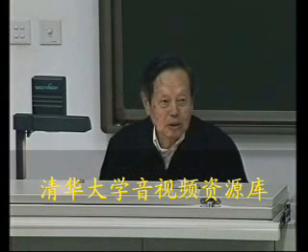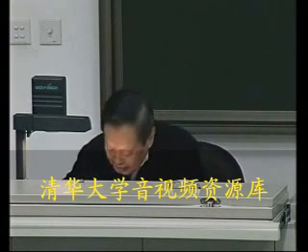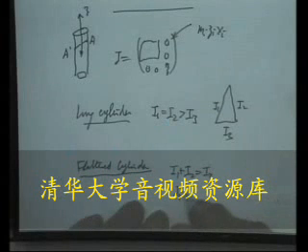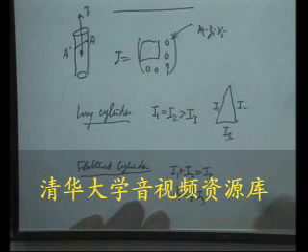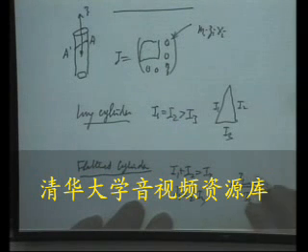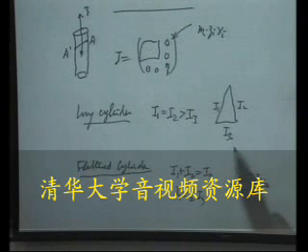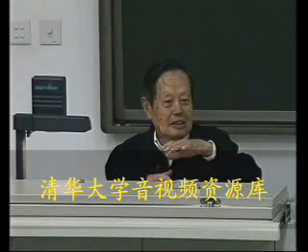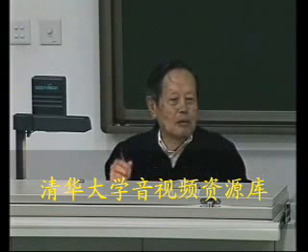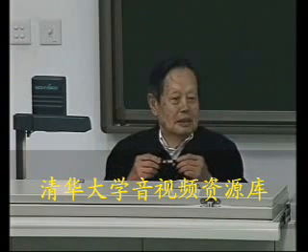And I1 is equal to I2, so they are equal to half of I3. So if I draw this, it becomes like this. This is I3, this is I1, this is I2. So for a long cylinder, it's a triangle like this. For a flattened cylinder, it's a triangle like this. In the middle, there is a configuration where I1 is equal to I2 is equal to I3.